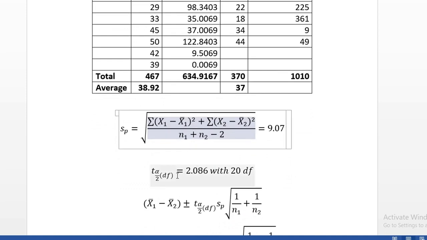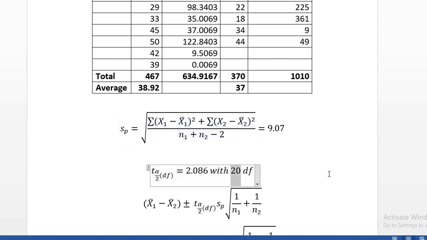So what's the degrees of freedom? I already told you. The degrees of freedom in case of equal population variances is n1 plus n2 minus 2. So n1 is 12 and n2 is 10. 12 plus 10 minus 2 will give me 20 degrees of freedom. Choosing the t table, you get this value 2.086.